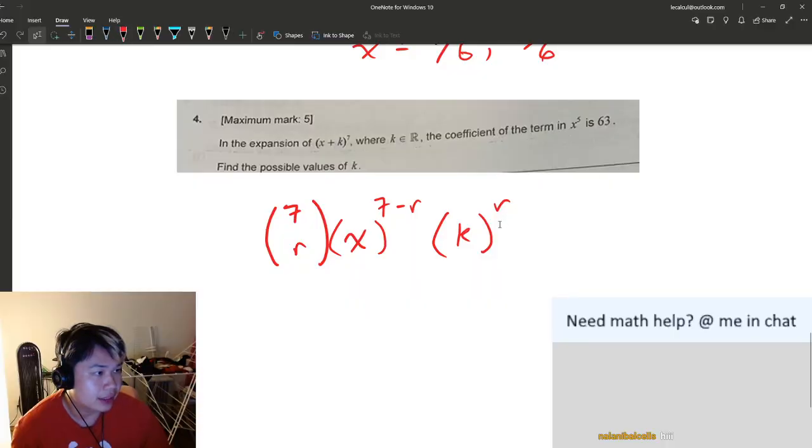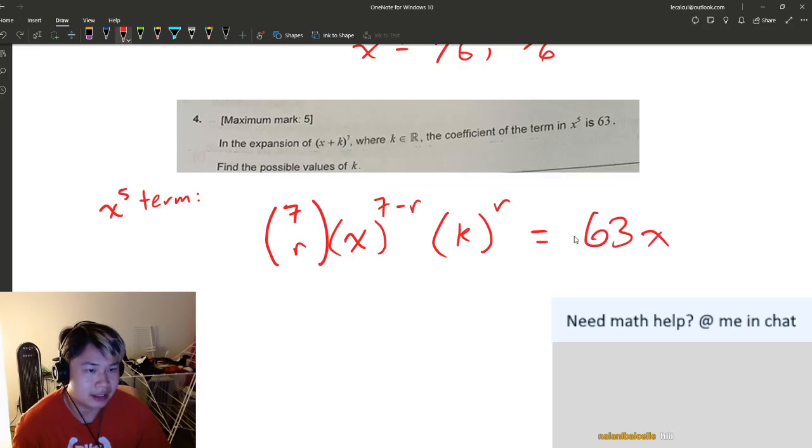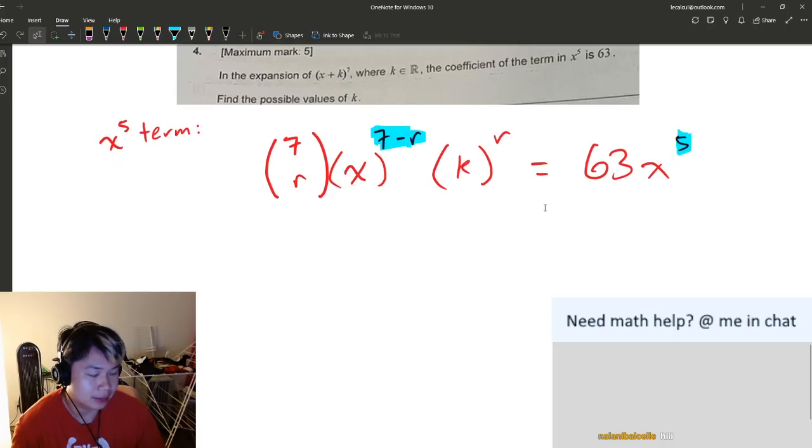Now, we need to find out what r is, but that's easy enough because if we consider the x to the power of 5 term, this needs to be equal to 63x to the power of 5. So, since this is the only factor that has x, this is the only place where x is going to get powers from, then 7 minus r needs to be 5. In other words, r needs to be 2.